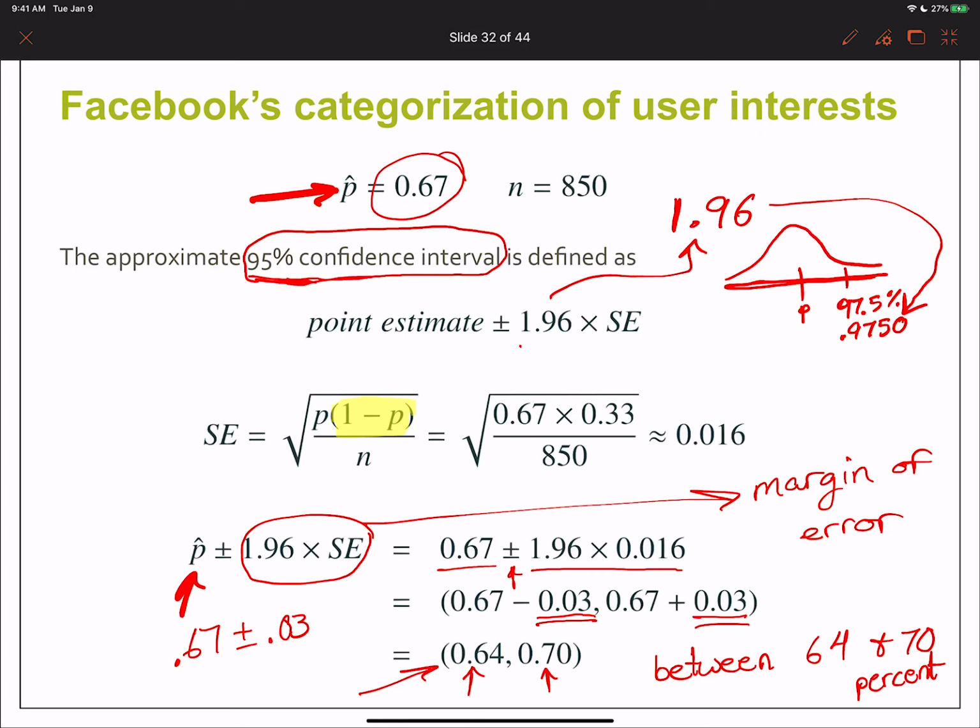The margin of error, on the other hand, we have to multiply by that z-score, right? And that z-score comes from our z-table for the 95% number. So just make a distinction. The margin of error is what we do the plus or minus with. We don't do the plus or minus with the standard error. We do it with the margin of error, not with the standard error.